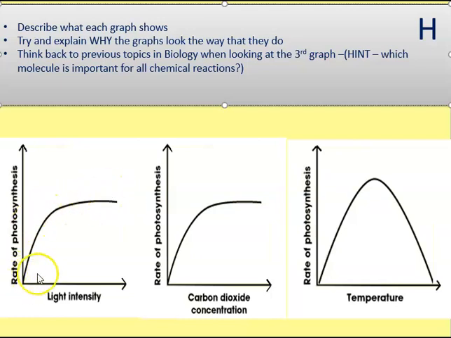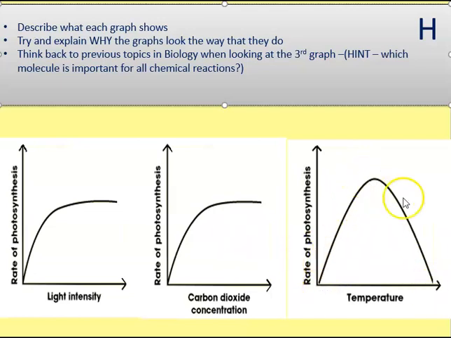So at this part of the graph, light intensity is the limiting factor. At this part, it's either CO2 or temperature. The same applies for this one. At this part of the graph, carbon dioxide is the limiting factor, but at this part, it is either light intensity or temperature. It's the one that is causing the rate of photosynthesis not to increase anymore.